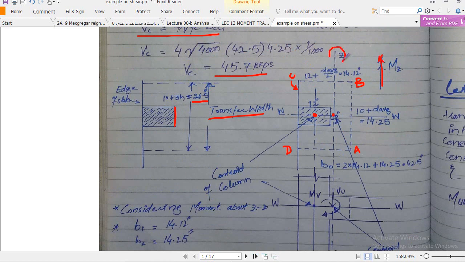This is important. Due to this assumption, this AB is my front, this DC is my back.